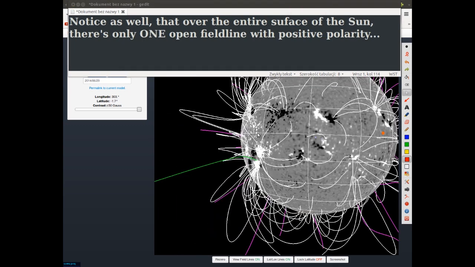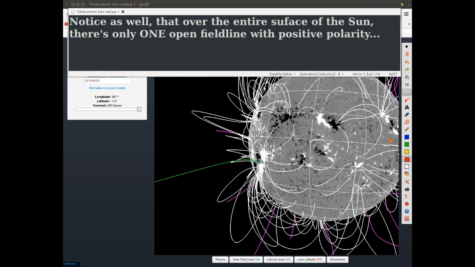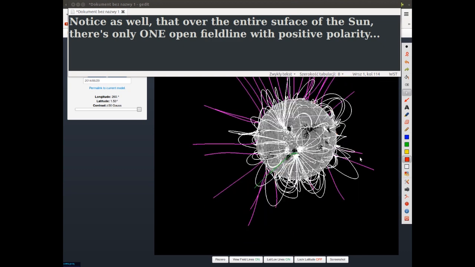Notice as well that over the entire surface of the Sun there is only one open field line with positive polarity.